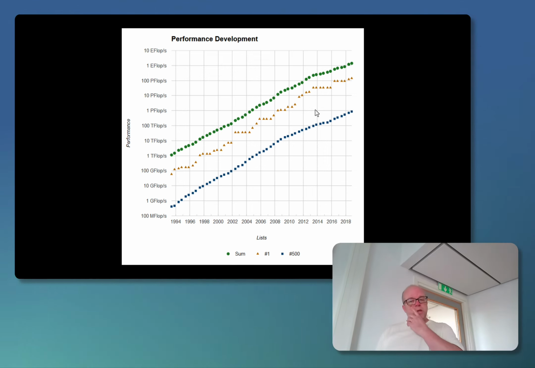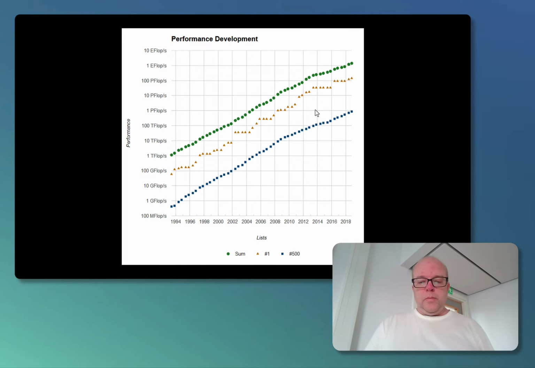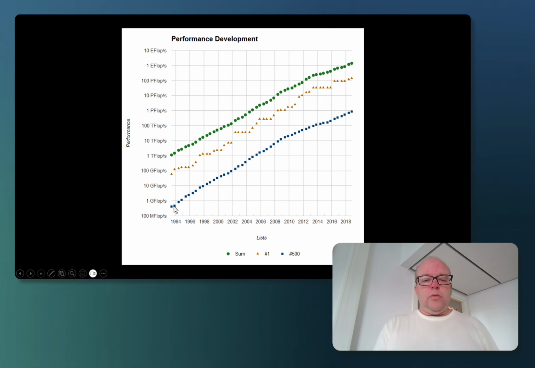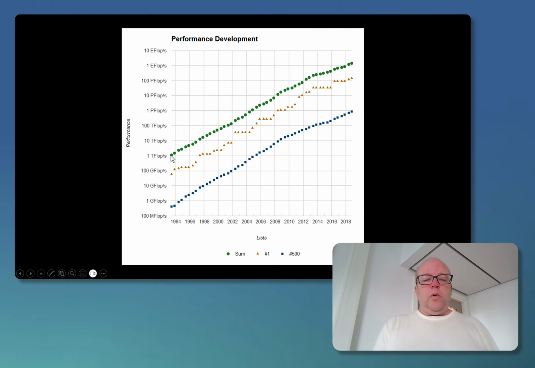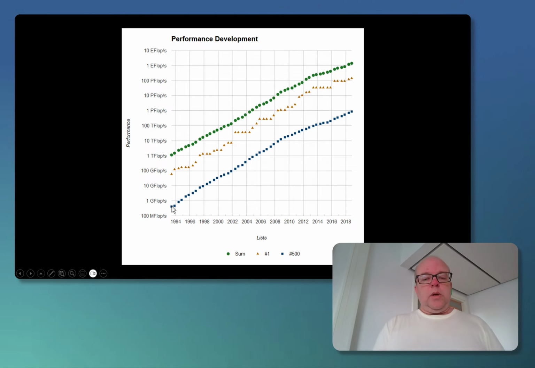And here is something interesting on performance development, where we are. You can see here that in 1994 the sum of all supercomputers was 1 teraflop, and the usual cluster was less than 1 gigaflop.